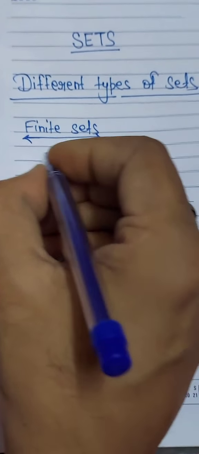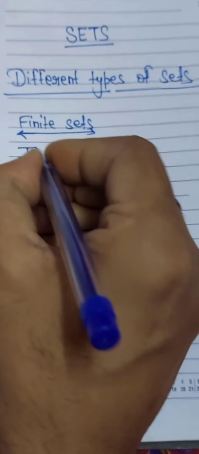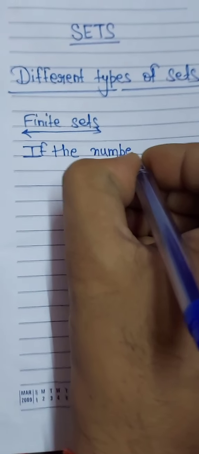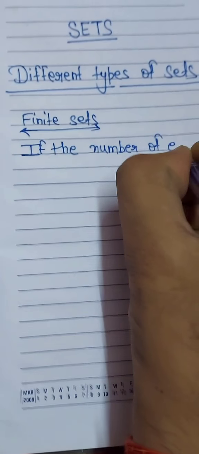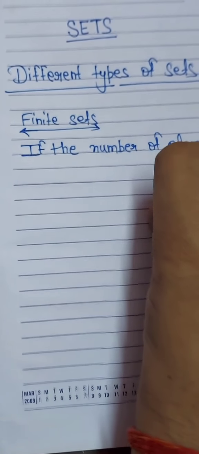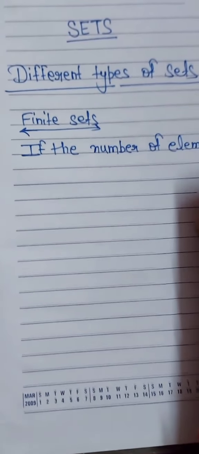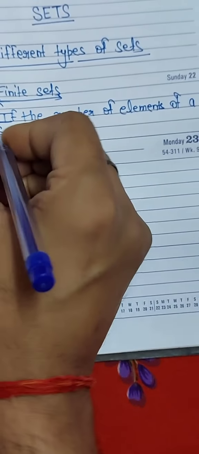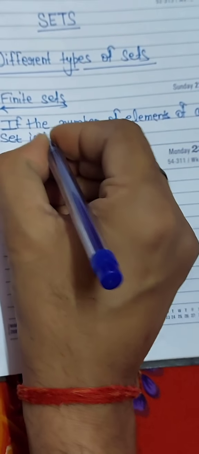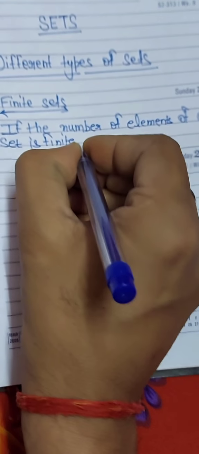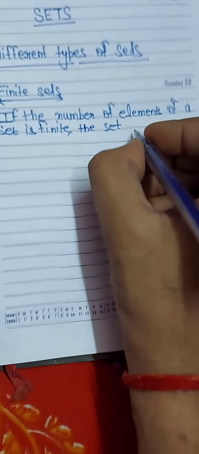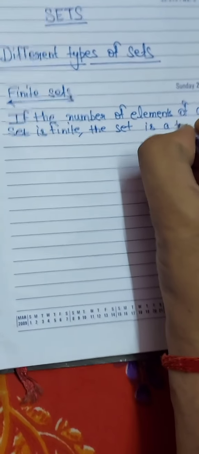What are finite sets? If the number of elements of a set is finite, then the set is a finite set.